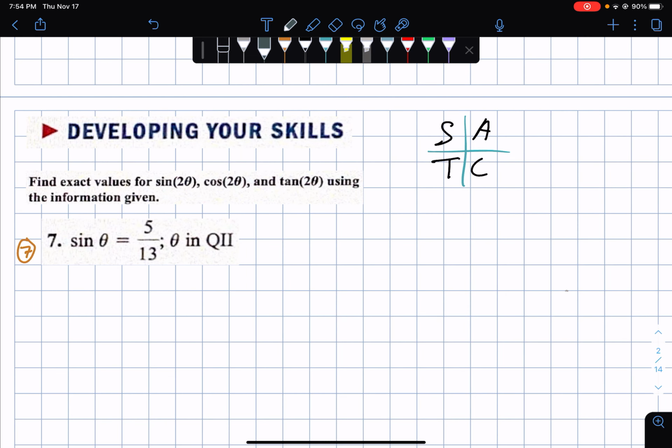Find the exact values for sine 2 theta, cosine 2 theta, and tangent 2 theta using the information given. One thing that we have to take note of is the formulas.